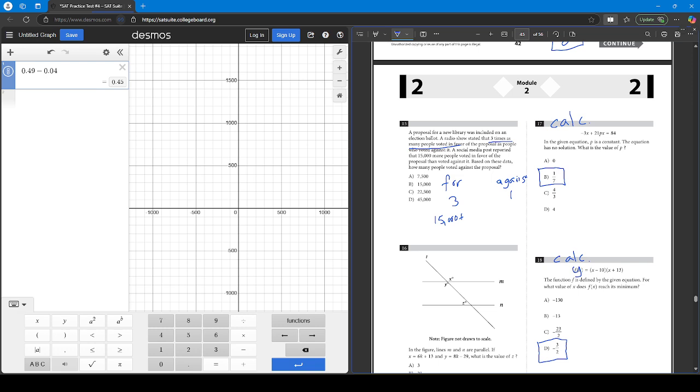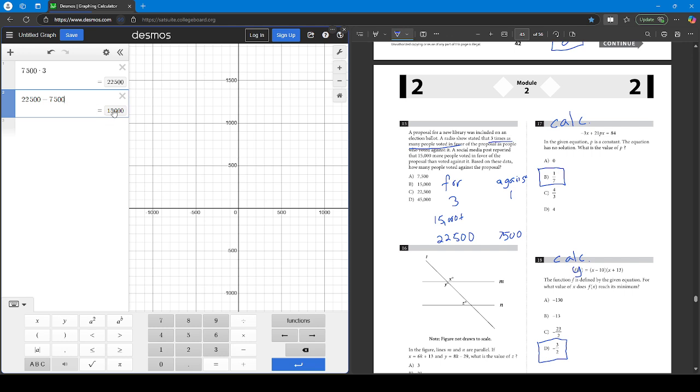So let's guess and check. If 7,500 voted against it, 7,500 times 3 would be, I mean, 22,500. 22,500 minus 7,500 equals 15,000.